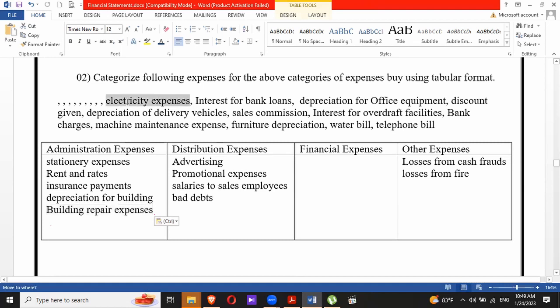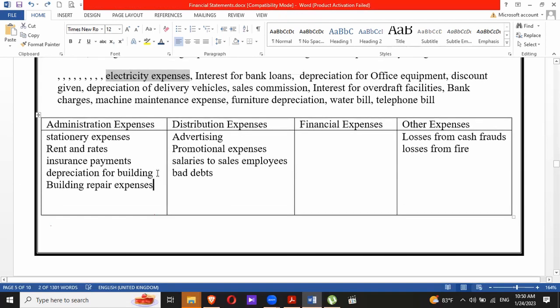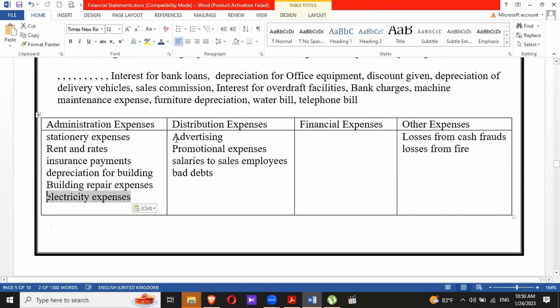Electricity expense, again, administration purpose, general administration purpose. Electricity expense comes under administration. Interest for bank loans.